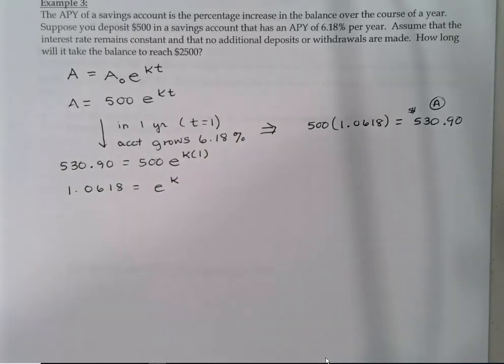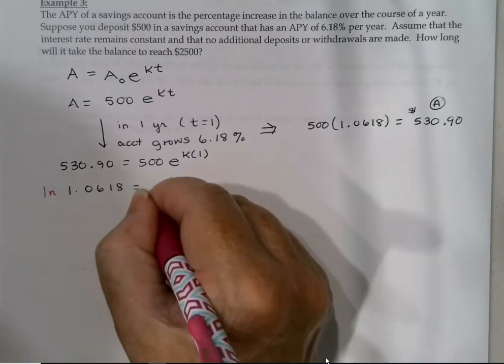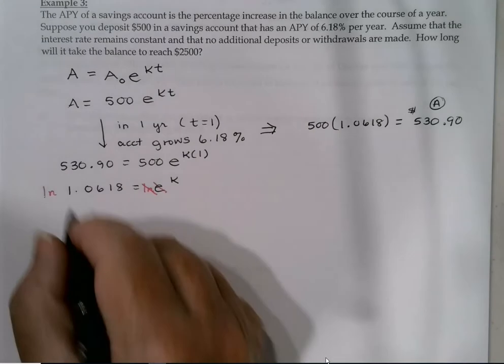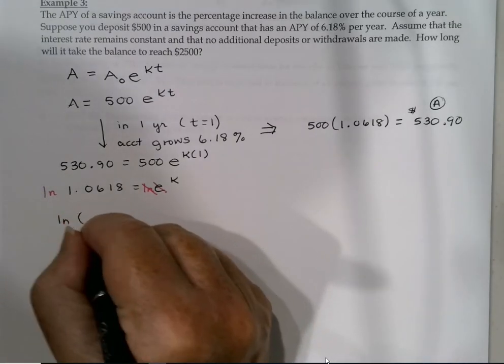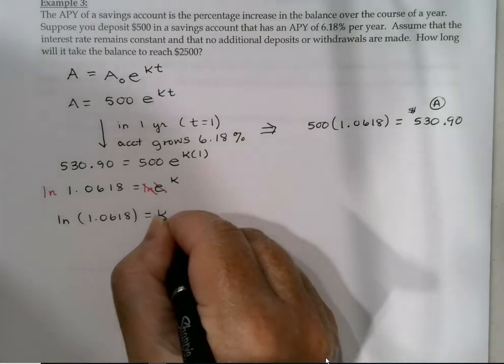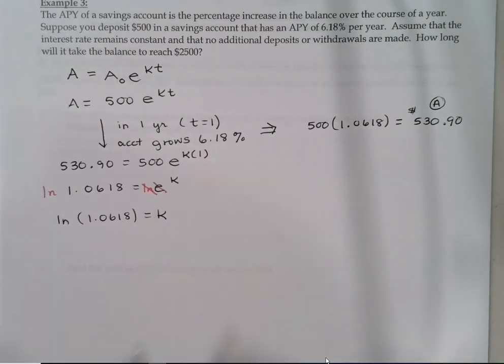And we'll just take the natural log of both sides. Again, I'll sneak that in here to get rid of the e. And k is the natural log of 1.0618. I'm going to give myself an approximation for k right now, just because I want to point out to you why banks advertise the APY rather than the actual growth rate, or the growth constant.